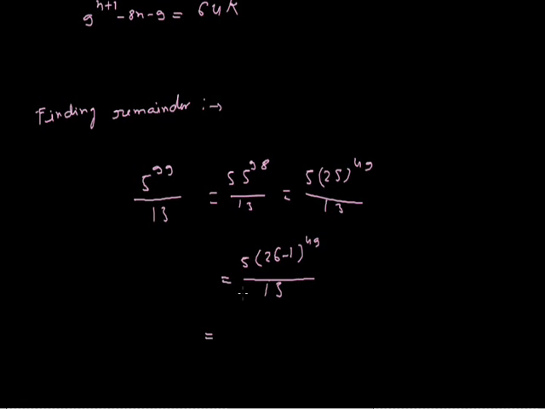Now we can expand 26 minus 1 using the binomial theorem. So here the 0th term is 1, so we can write directly 26 to the power 49 minus 49c1 26 to the power 48 plus 49c2 26 to the power 47 up to minus 1 to the power 49.